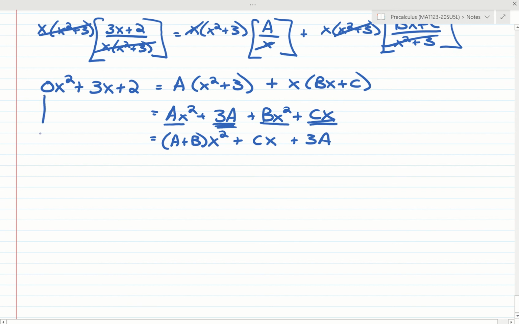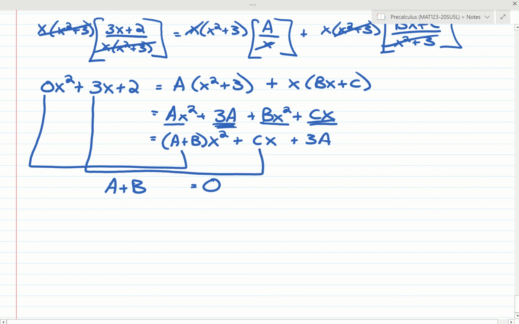Well, the total number of quadratics has to be the same on both sides. So a plus b has to equal 0 because that's how many were on the left. Total number of linear terms has to equal total number of linear terms. Well, that's nice. It makes things pretty easy. And then our constant terms has to equal our total constant terms. So 3a would have to equal 2.